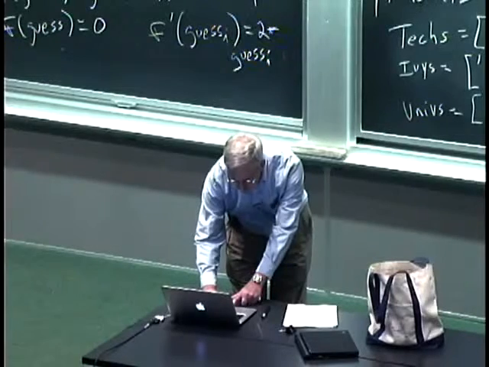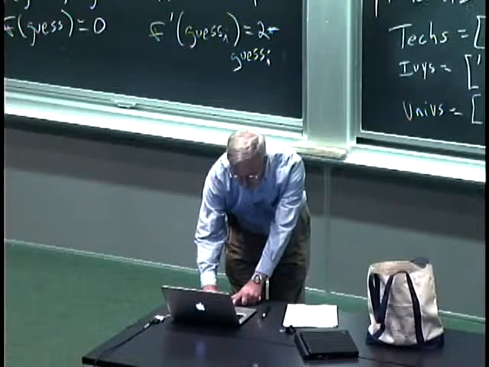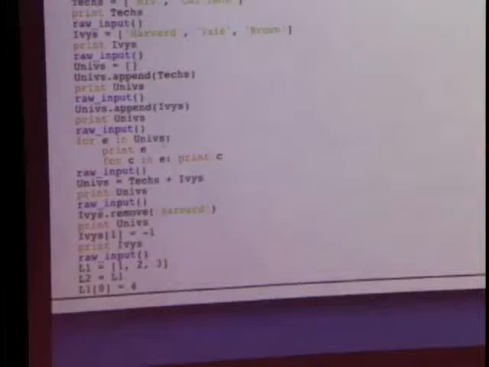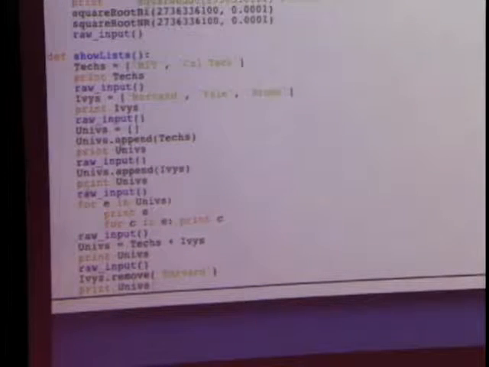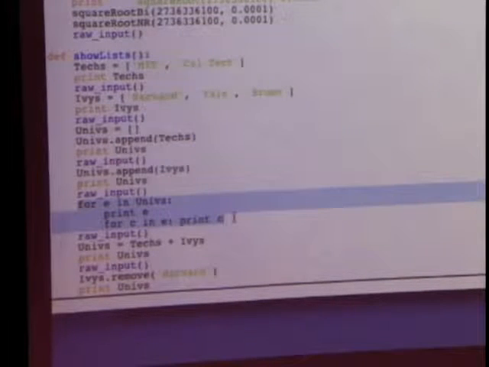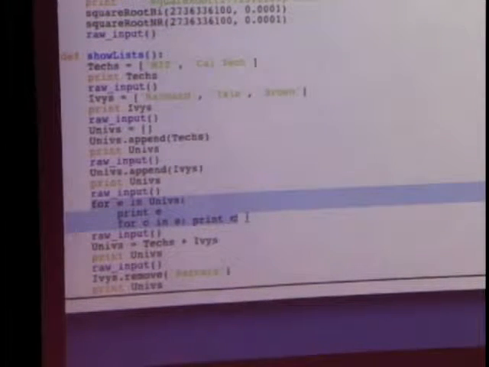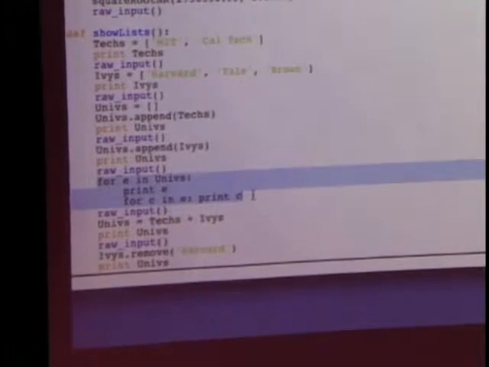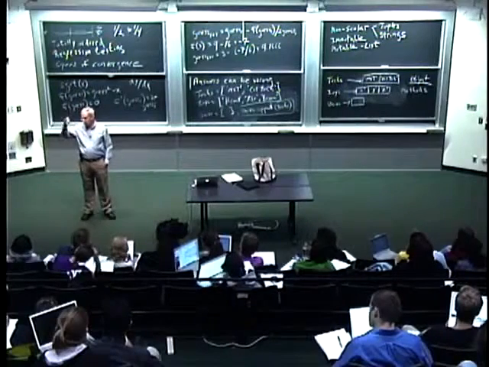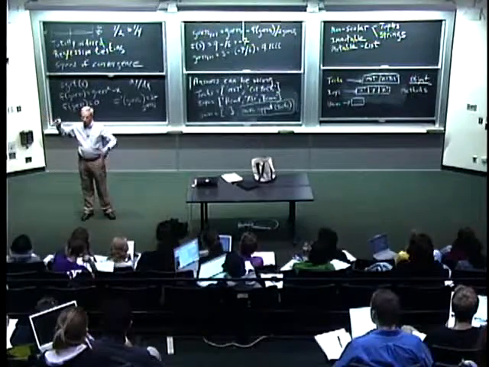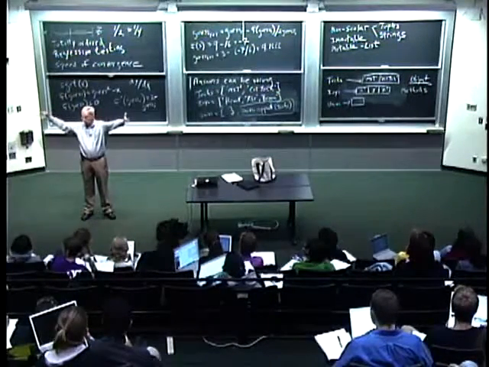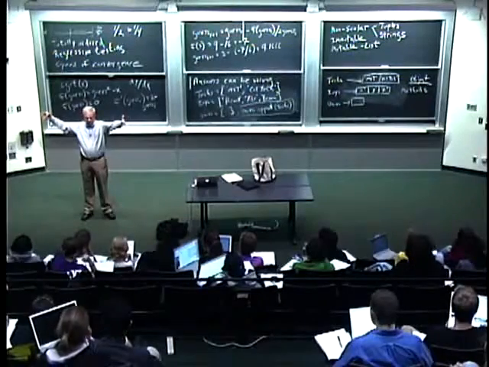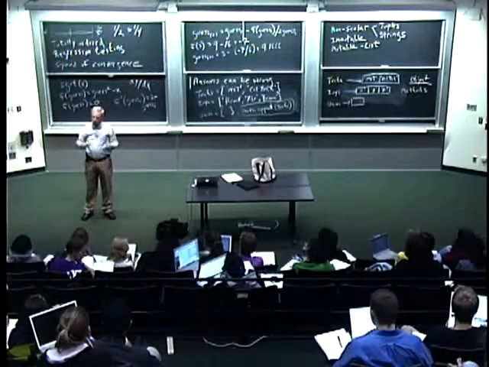What are we going to try next? Well, just to see that we know what we're doing, let's look at this code here. I've written a little for loop which is going to iterate over all of the elements in the list. So remember before we wrote things like for i in range 10, which iterated over a list or tuple of numbers. Here, you can iterate over any list.